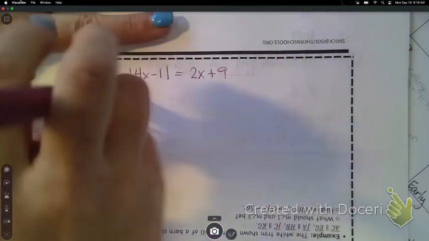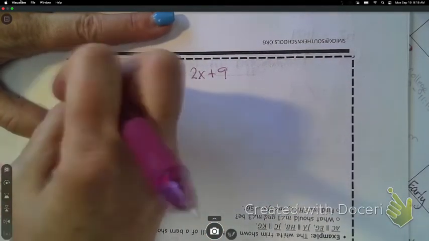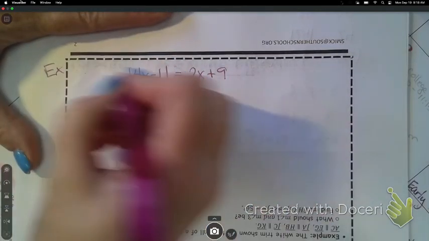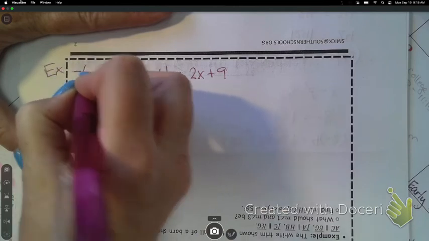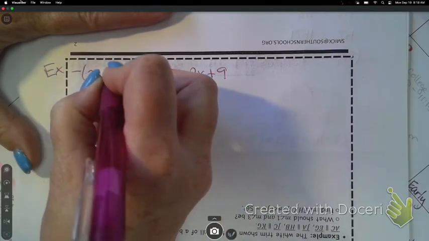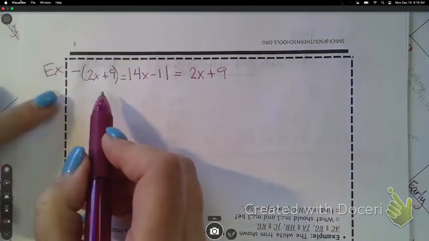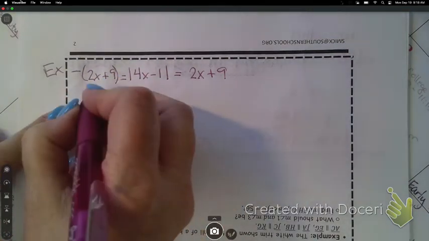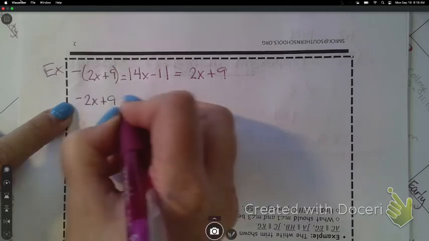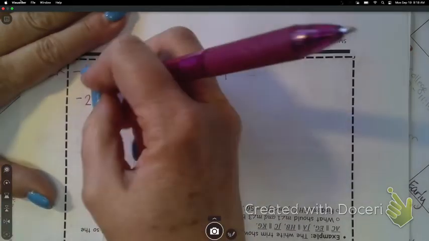Now the other side, Cody just says, well, we have to subtract the other side. So the other side would be negative 2x plus 9. But what do you have to do with your negative? You have to distribute it. So it'd be negative 2x minus 9.